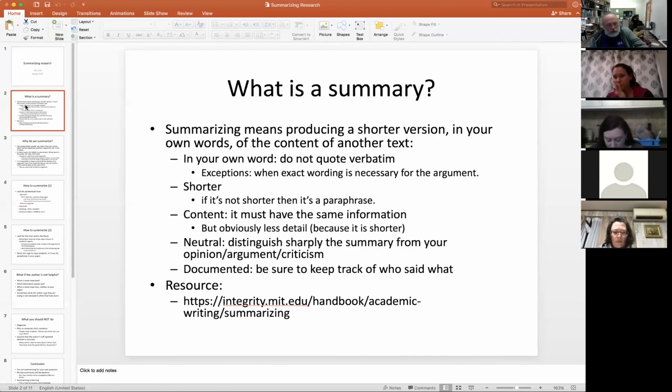Because the risk, which is a very real risk, especially when you get to be my age, is that you forget. And when you've read 100 articles or 50 articles, you forget. And then you will have a note and you say, oh, that sounds really clever. So you use that note, and then it turns out to be plagiarized, or it turns out to be wrong. And then you're in deep trouble.